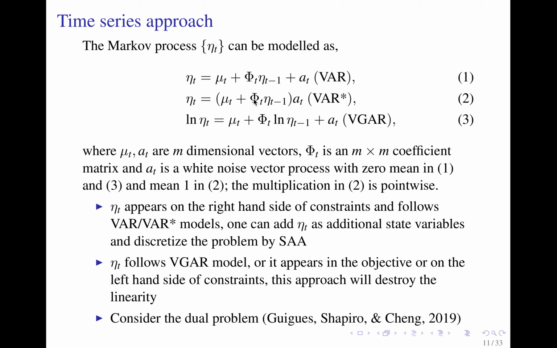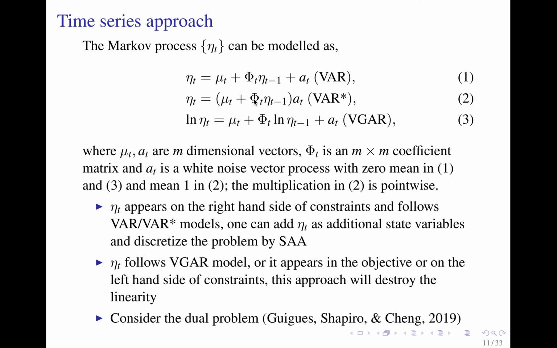All right, because after you reformulate, the uncertainty in the reformulated problem is just a white noise. So in that way, the problem is transformed into stage-wise independent, and we can then discretize it by SAA.